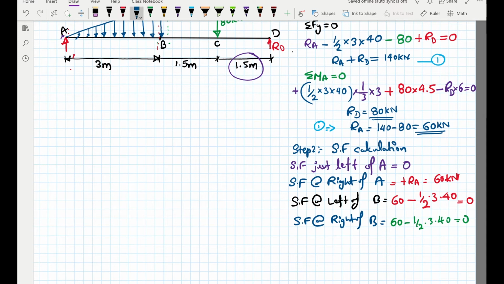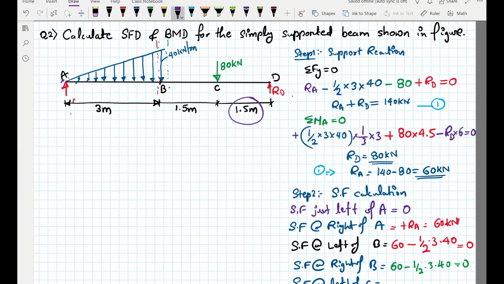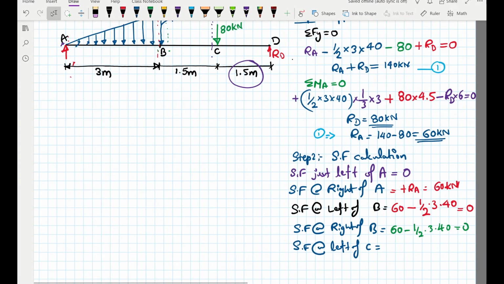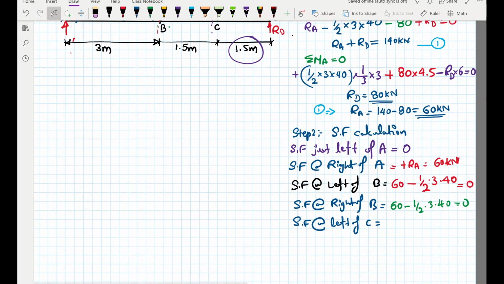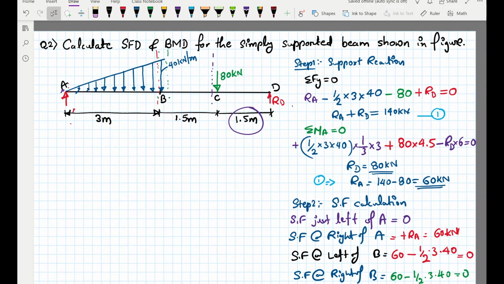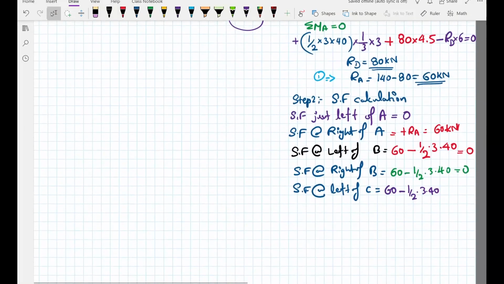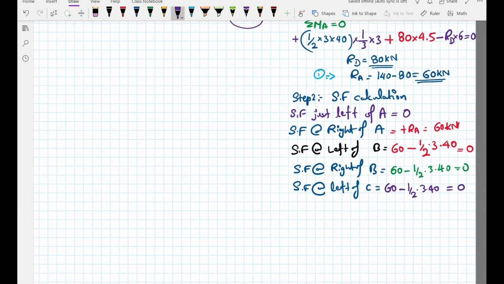Next I am going to consider shear force at left of C. If I consider one section just to the left of C and do the summation of all the vertical forces, again 60 is acting upward, minus half into 3 into 4, which is 40, acting downward, then there are no forces in between B and C. Again we are going to get 0.